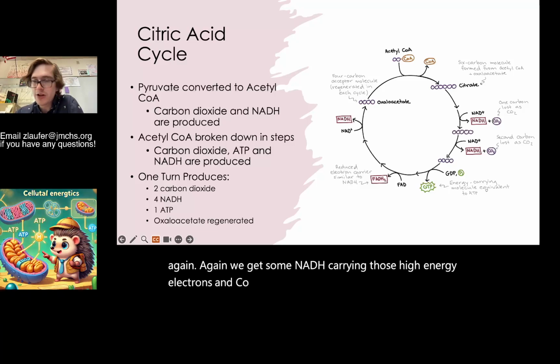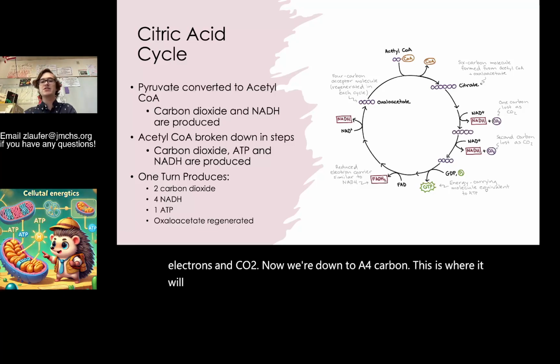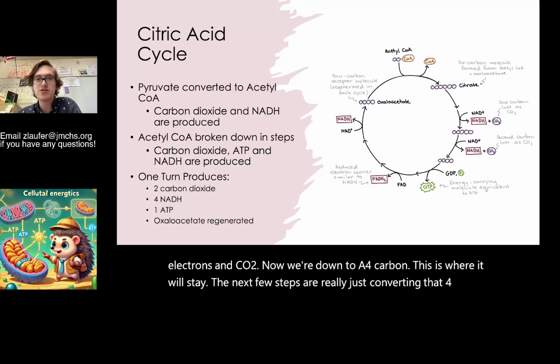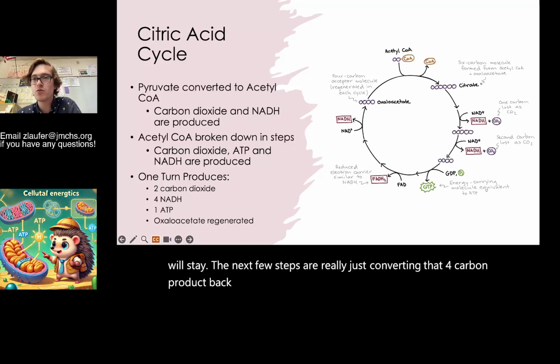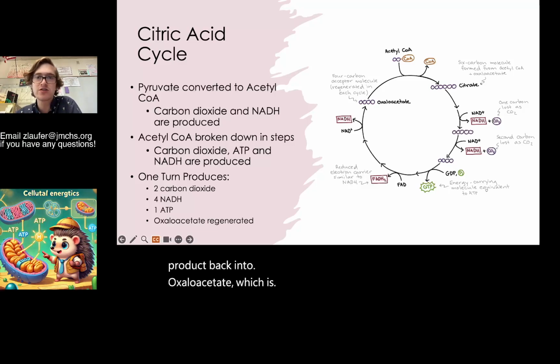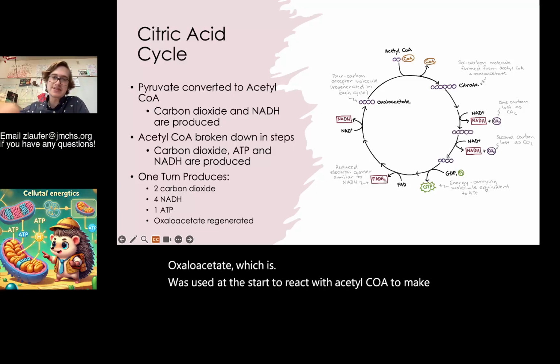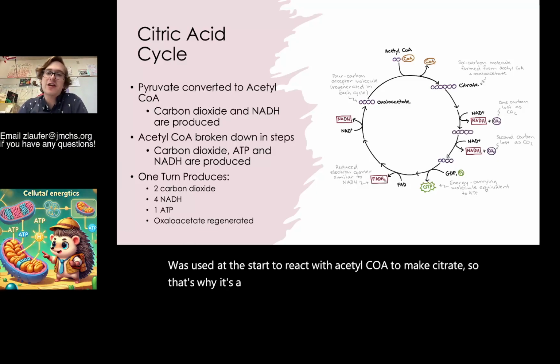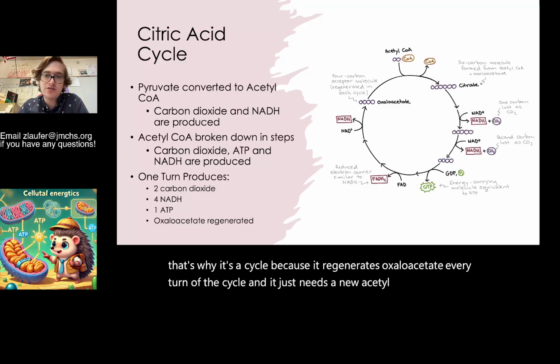Now we're down to a 4-carbon. This is where it will stay. The next few steps are really just converting that 4-carbon product back into oxaloacetate, which was used at the start to react with acetyl-CoA to make citrate. So that's why it's a cycle, because it regenerates oxaloacetate every turn of the cycle. And it just needs a new acetyl-CoA to actually do one revolution.